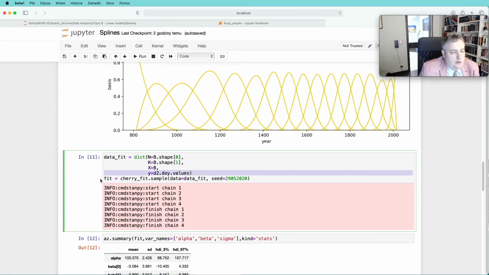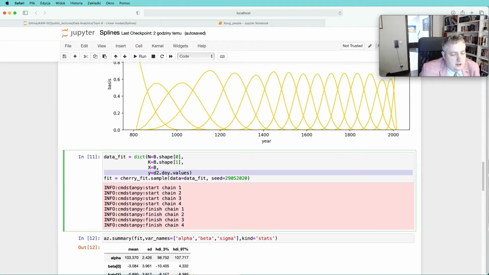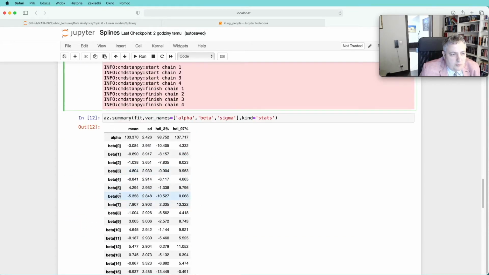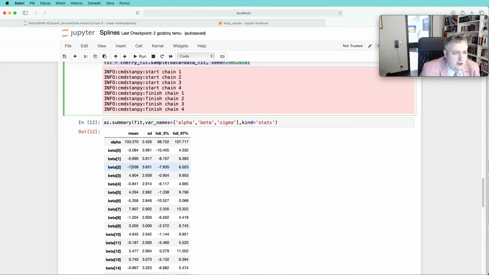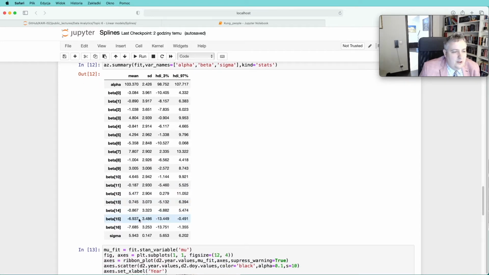We provide outputs of values of the day of the year, which is why we limited it only to existing values, and we are sampling it with Stan. So we get values of our parameters. As you can see, the spreads differ here. They are not necessarily very symmetric always, but you get those parameters.